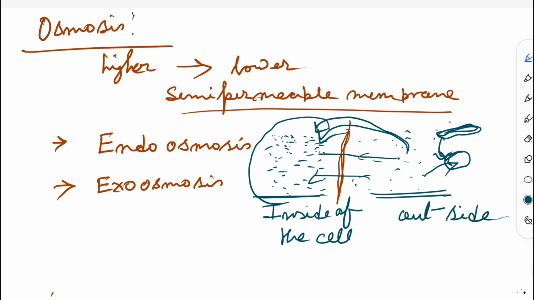Fine, this is endosmosis. And in exosmosis, the opposite thing happens. It is the outward flow of water from a cell through a semi-permeable membrane when it is placed in a solution which is more concentrated.